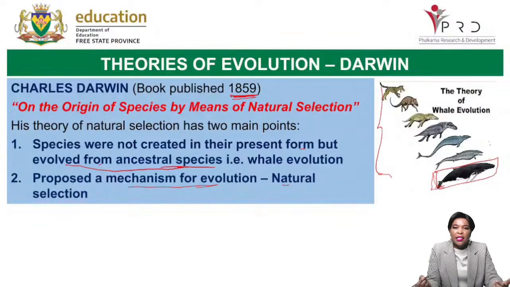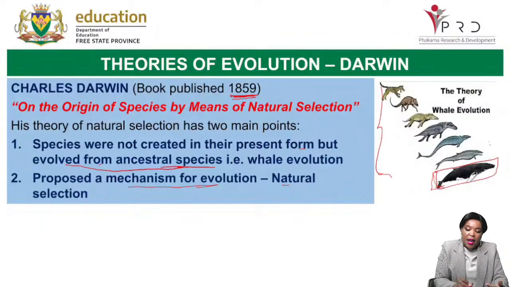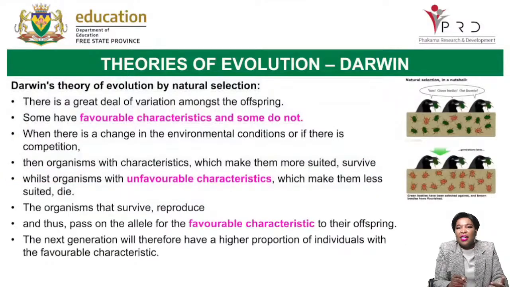So he explained that mechanism of natural selection in this way. Remember how Lamarck starts. Lamarck starts by saying all organisms were the same. However, Charles Darwin starts with something different because he works with genetics, he works with science and evidence. Even if you forget anything, please remember this first statement.